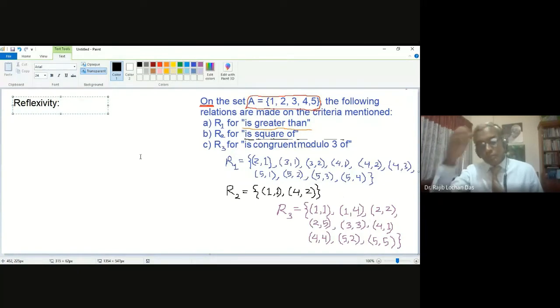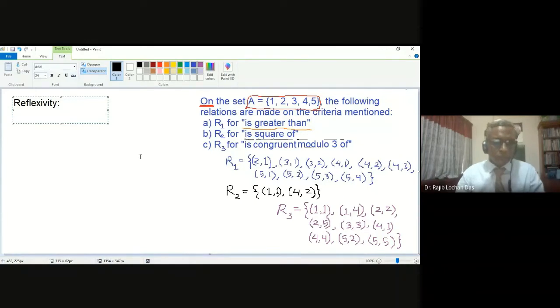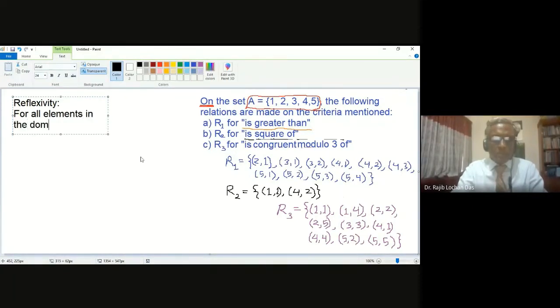You need to check something: for all elements in the domain, for every element X in the domain.